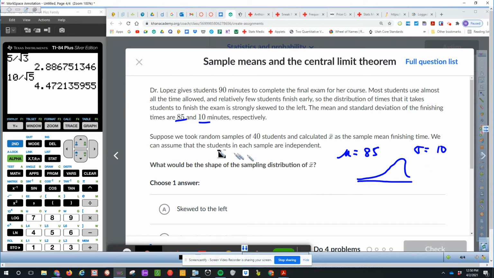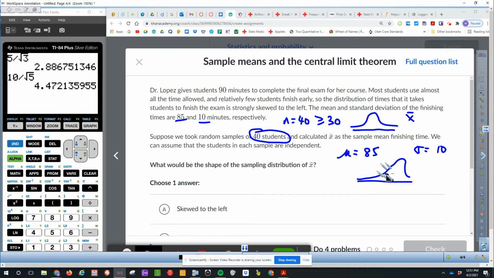Okay, so suppose we took a random sample of 40 students. Now is 40 a lot? 40 is actually a lot enough, because as long as it's greater than or equal to 30, if it passes 30, then we can assume that the sampling distribution is going to be approximately normal, right?